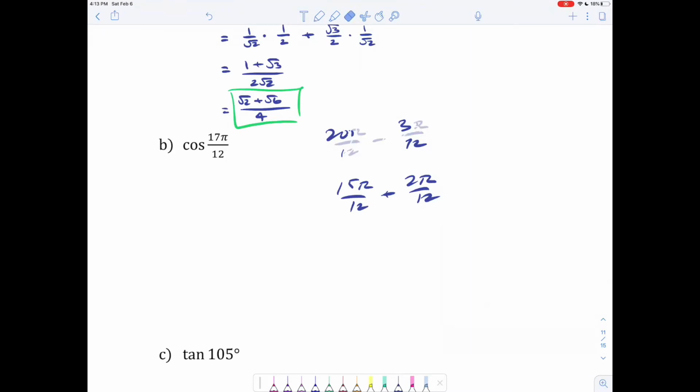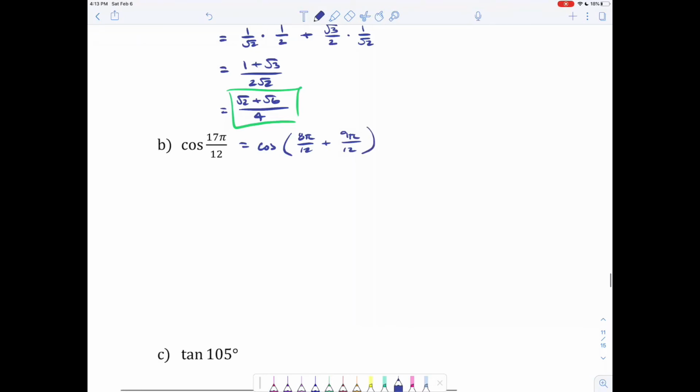It wasn't my choice. Like the first thing I saw was different. And I decided to express this as 8 pi over 12 plus 9 pi over 12. But it doesn't matter if you expressed it differently, as long as this certainly still gives you 17 pi over 12, and you still got cosine here, then you're still correct.